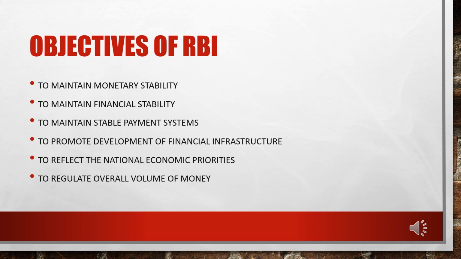An example is CCIL, the Clearing Corporation of India Limited, which was established by RBI for trading of government debts, and to some extent foreign exchange and derivatives, though it is mostly related to government debts.